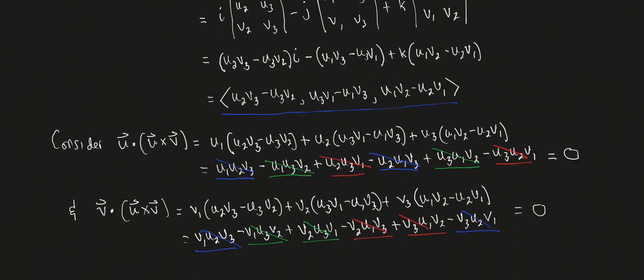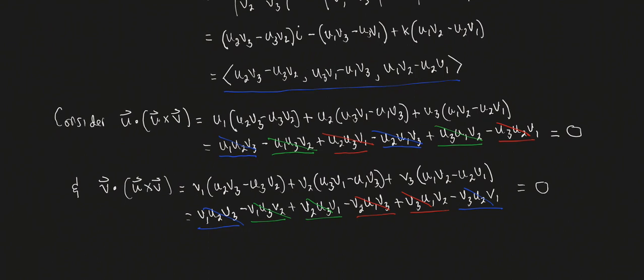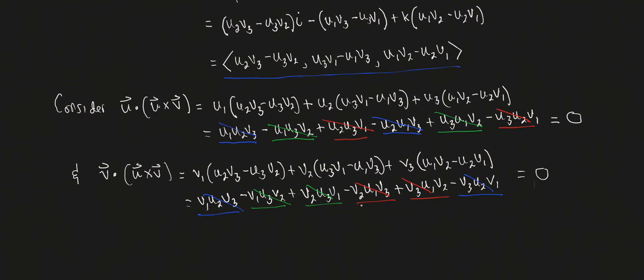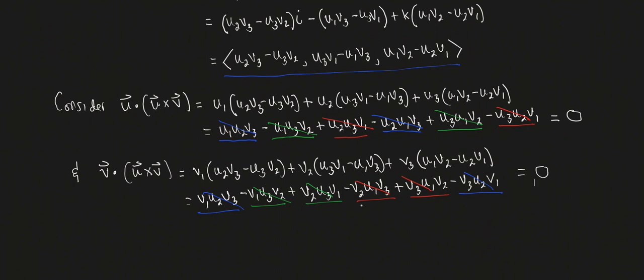Now remember, when the dot product of two vectors is equal to 0, it means the angle between the two vectors is 90 degrees or pi over 2. That means the two vectors are orthogonal to each other. So the fact that both of these dot products come out to be 0 implies this really important result.